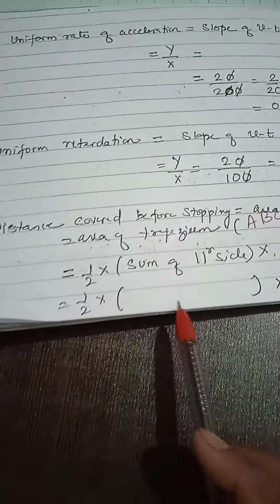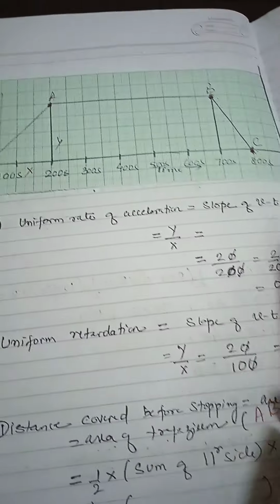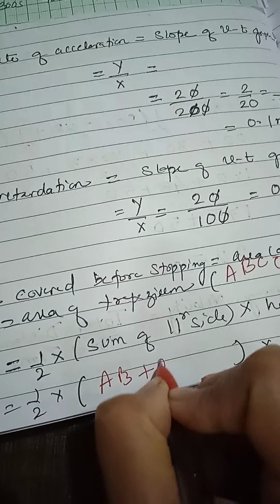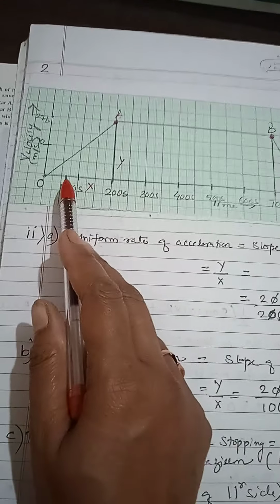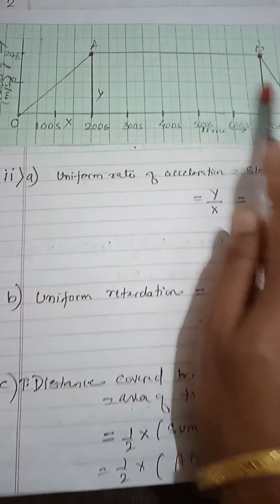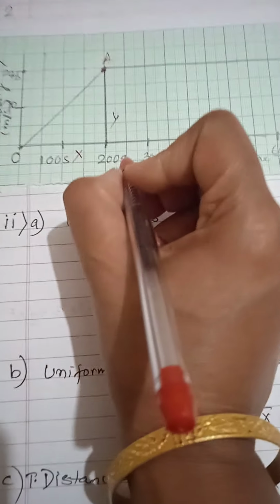Next, half of the sum of the parallel sides. Here they are AB and OC. So write here half into AB plus OC into height. Height will be this one. These two are the parallels, so height will be this one. So you can write A, D.